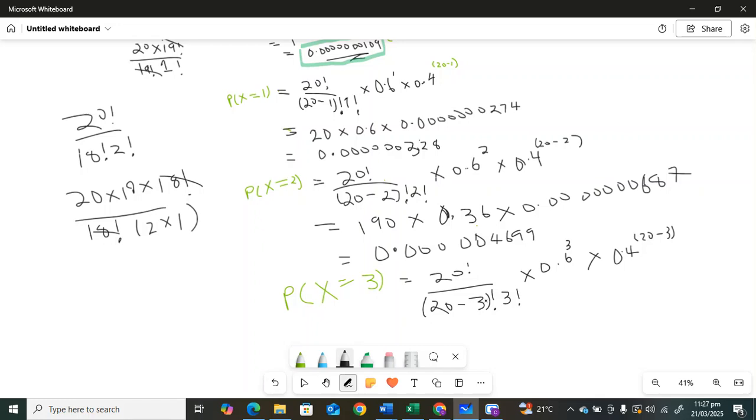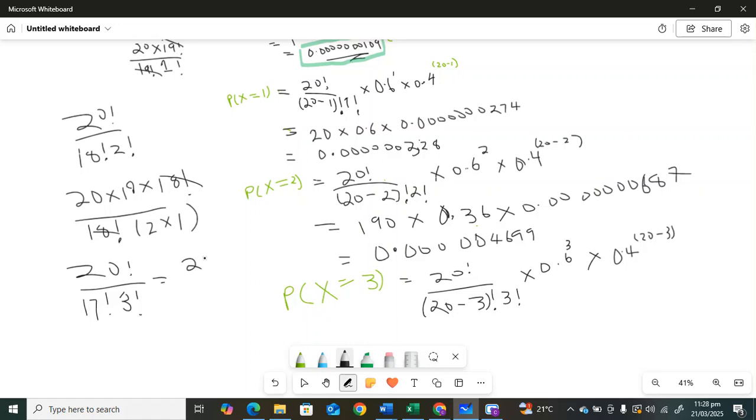So 20 minus 3, that is 17 factorial. So we have 20 factorial over 17 factorial, 3 factorial. Since 17 is at the bottom, we'll end on 17.